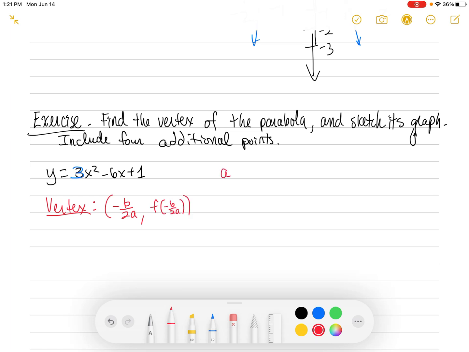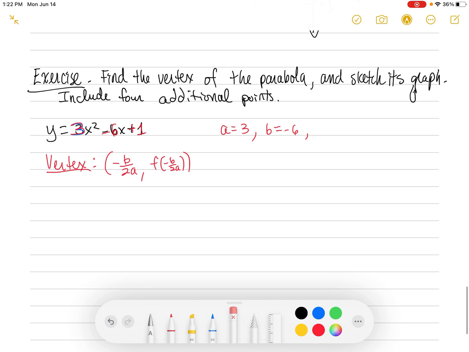The formula is what? Minus b over 2a, and then f of minus b over 2a. So let's say a is 3, b is minus 6, c is positive 1. We don't even need the c though.